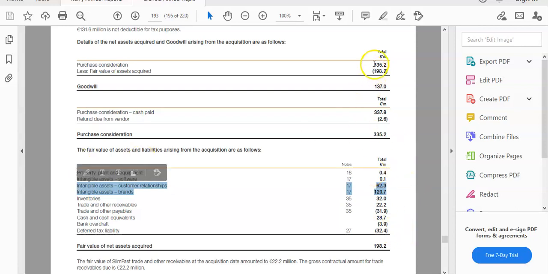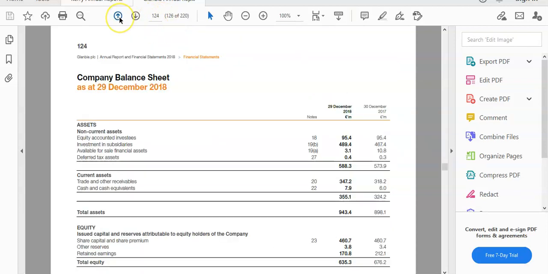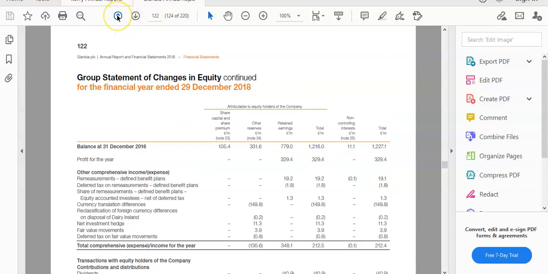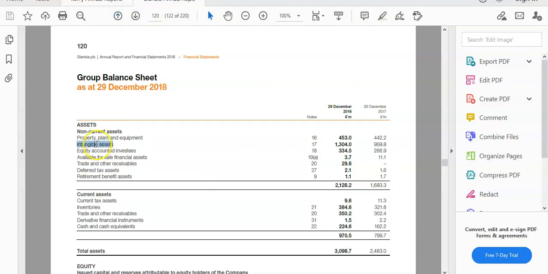You take the 335 million and try to figure out how much of that is attributed to assets. They attributed between assets and liabilities about 198 million. So whatever's left over, the difference, is your goodwill, 137. If you go and look at Glanbia's accounts, for example, their company balance sheet, look at intangible assets.